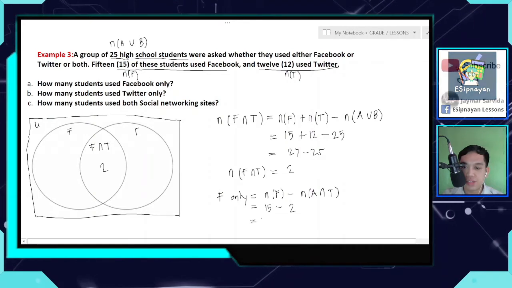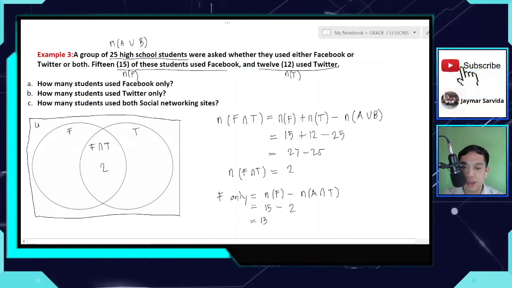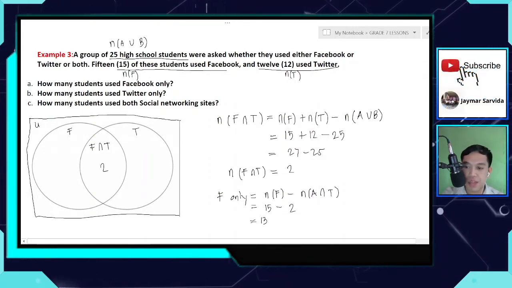That is 13. So ito yung kay F only, 13. Next.